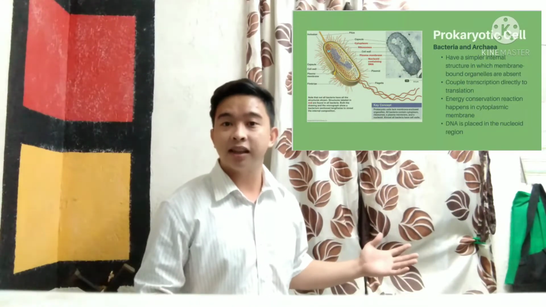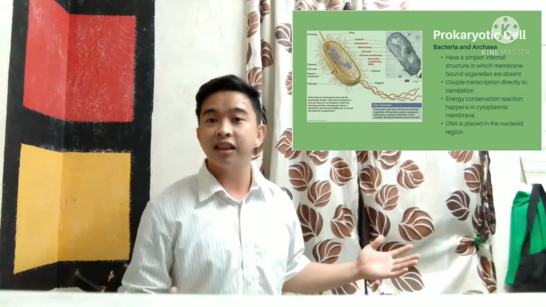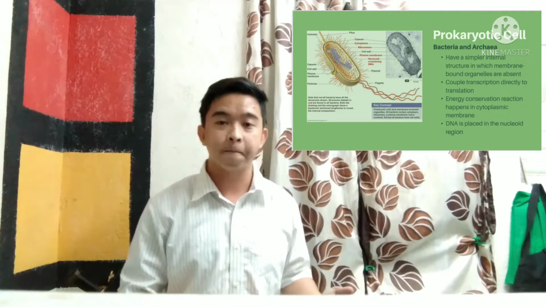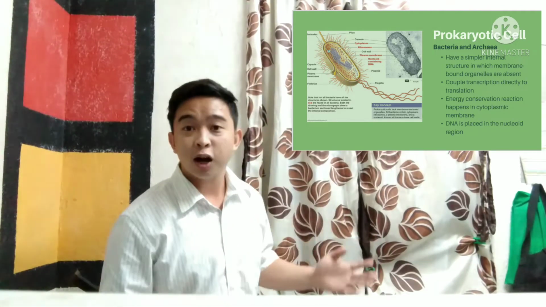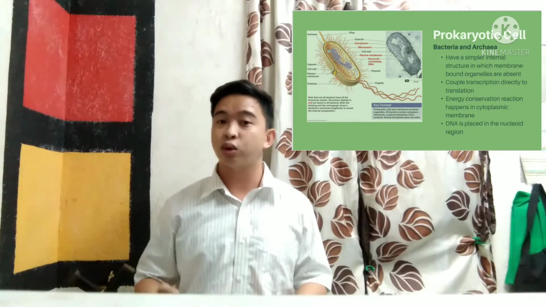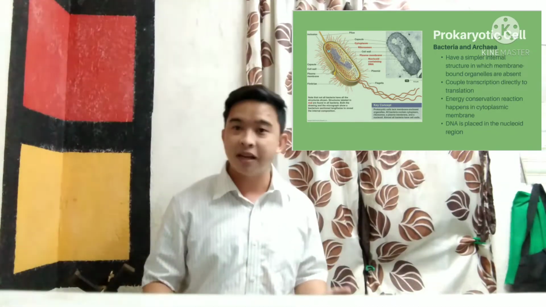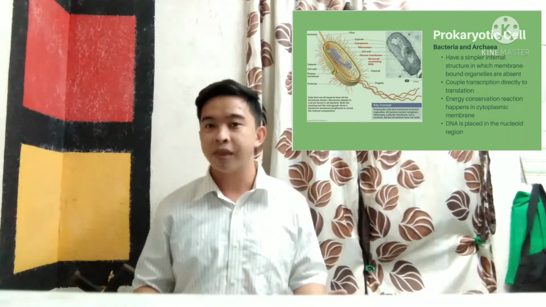Prokaryotic cells, which are bacteria and archaea, have a simpler internal structure in which membrane-bound organelles are absent. In this type of cell, transcription is coupled directly to translation. Energy conservation reactions happen in the cytoplasmic membrane.